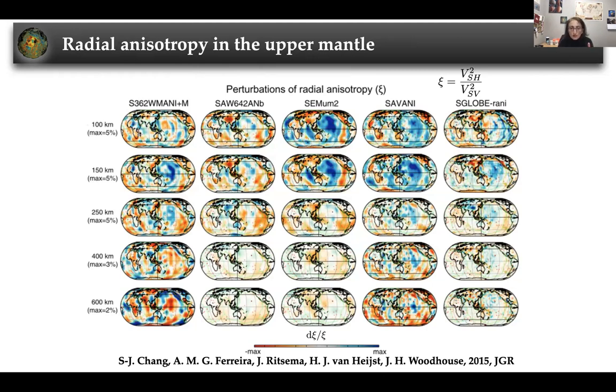These models significantly differ from each other and there is no consensus. So one of the consequences of imperfect crustal corrections is that most likely the uncorrected crustal signal can contaminate the upper mantle, where the major concern would be on the anisotropic interpretations.